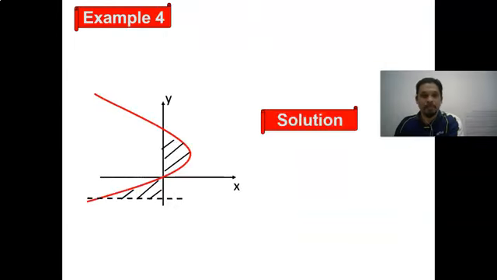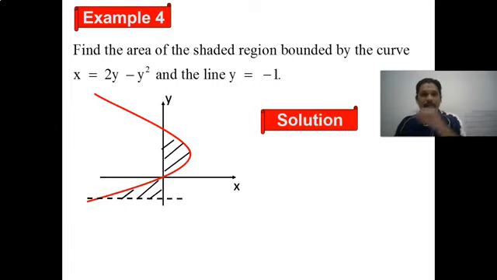Okay. Find the area of the shaded region bounded by the curve x equals 2y minus y square, and the line y equals negative 1. This is y equals negative 1. What about this one here now?